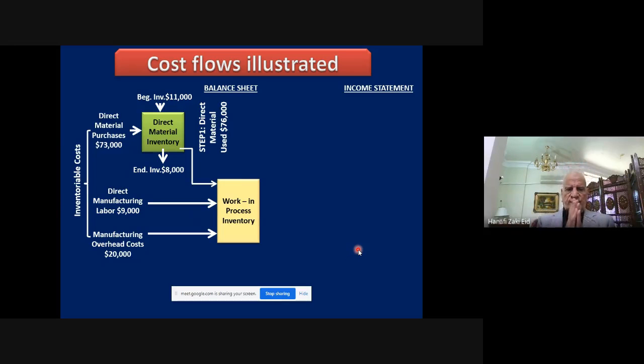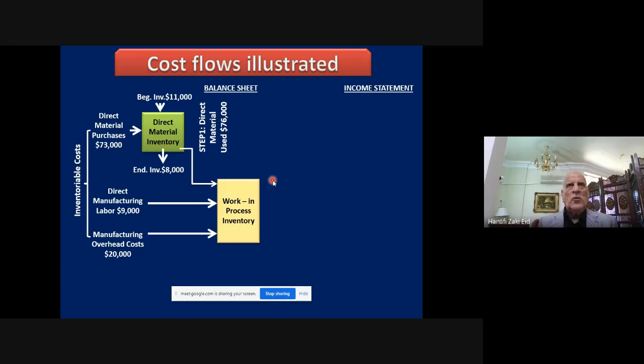These costs are costs incurred during the period, incurred on units in process. But as I mentioned, at the beginning of the period, the plant has inventory of work in process. We have units from the last period which were not completed.